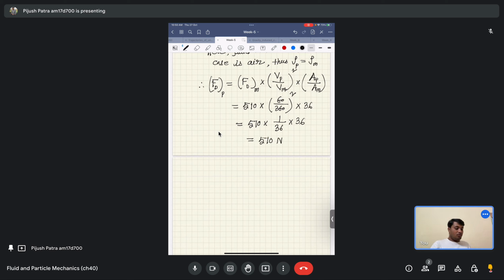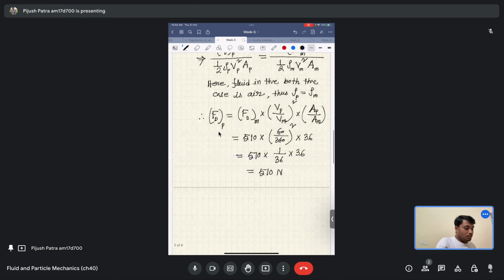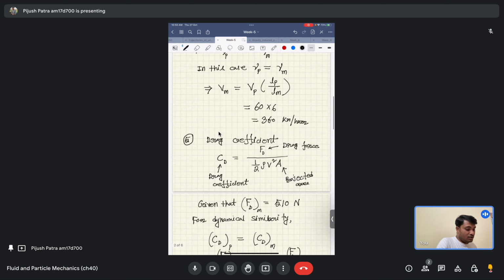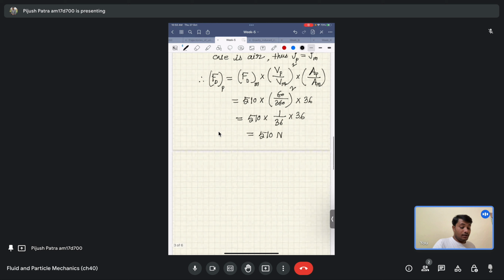So that should be the answer. So the first question was regarding the velocity of the air in the wind tunnel for testing the model, which should be 360 km per hour, and the drag force in the actual prototype is 510 Newton. Okay.